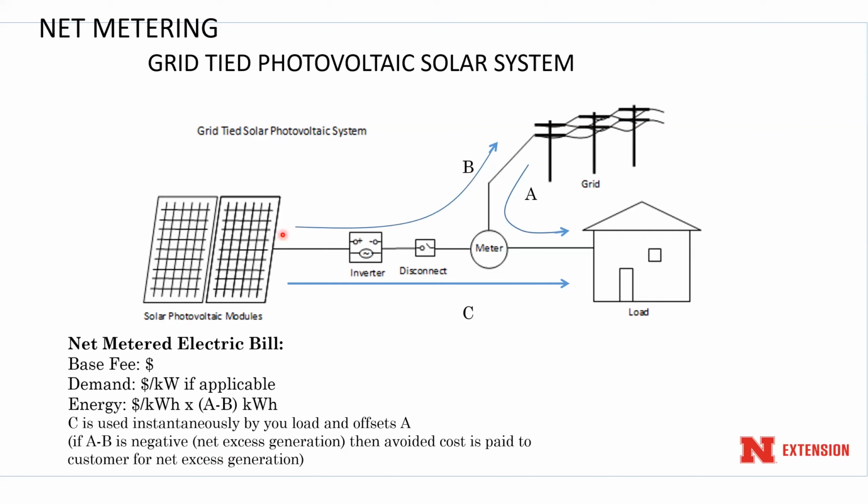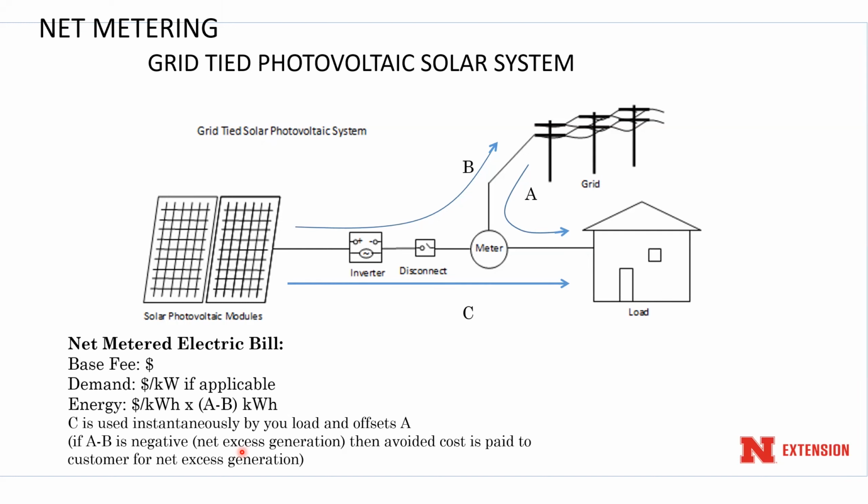Now, my system very rarely has net excess generation because it's sized so that I just barely, I've had net excess generation a couple of months in the spring and in the fall, but no other month. And so a system that's about 50 to 60% of a load.